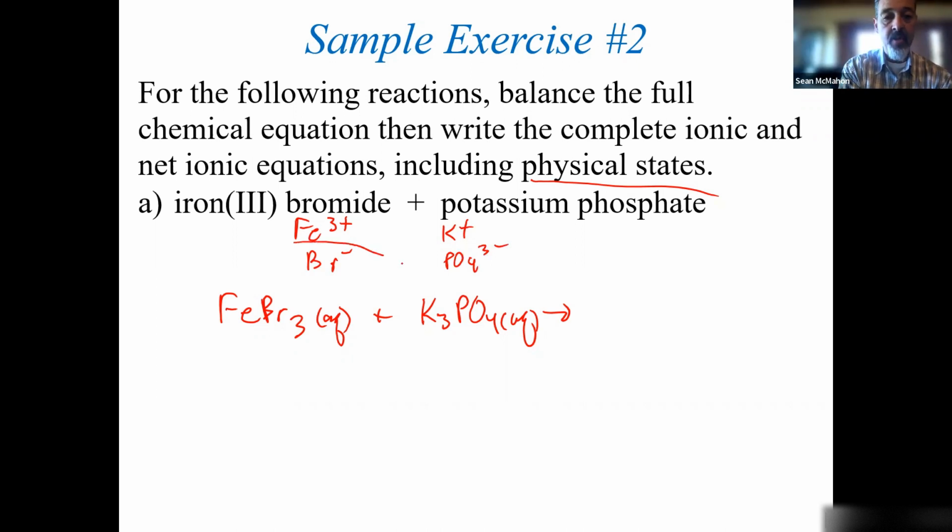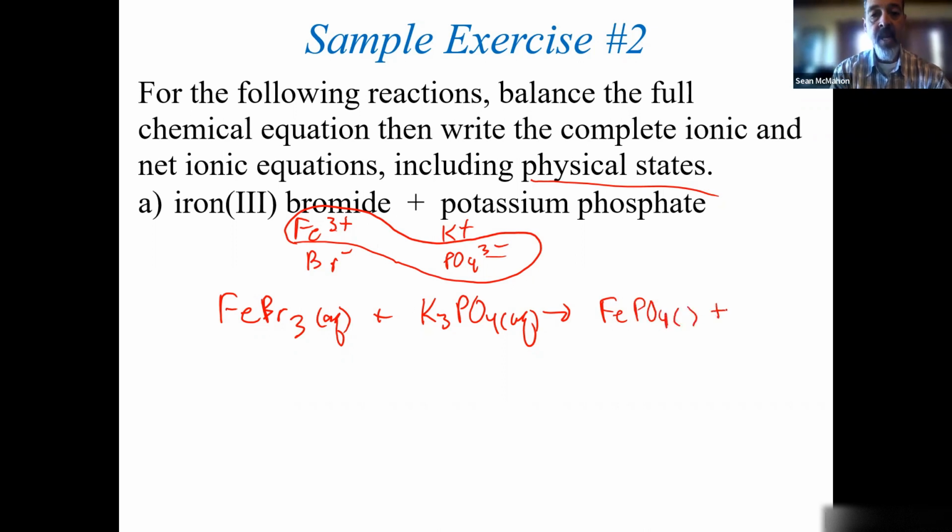We're going to crisscross. So one product is iron 3 phosphate because they both have a 3+ and a 3-. It's a 1-to-1 ratio. And then the other one is the potassium bromide. There's a plus and a minus. So I have KBr.